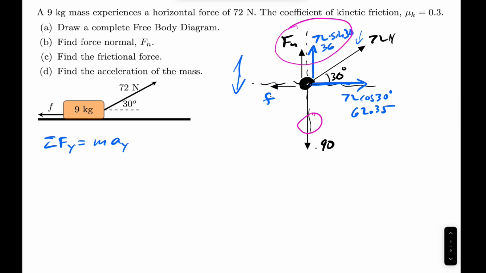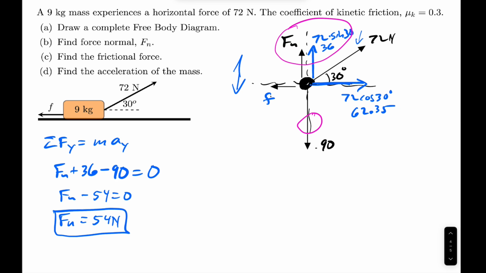So I've got Fn, which I don't yet know, plus 36, because the 36 is helping pull it up. And then minus 90, because that's going in the other direction, is going to be equal to the mass, which is 9 times 0. So this is just 0. So I have Fn minus 54 equals 0. So that means Fn would be equal to 54 newtons.